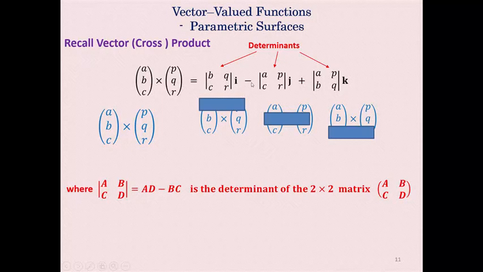For the second coefficient, note that it's minus, and the determinant of a matrix obtained by blocking the second row. You block out b, q, so you get a, p, c, r. And as expected for the third, you will block out the last row, leaving you a, p, b, q. So this is how we compute cross products. You must have learned other methods. They'll all be acceptable. But at least this is one of the ways to do it.